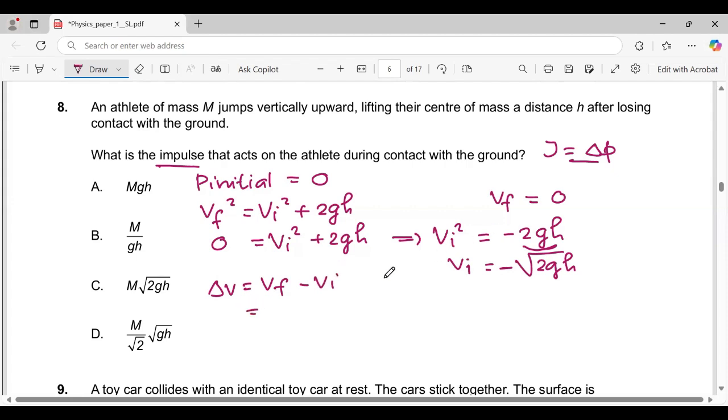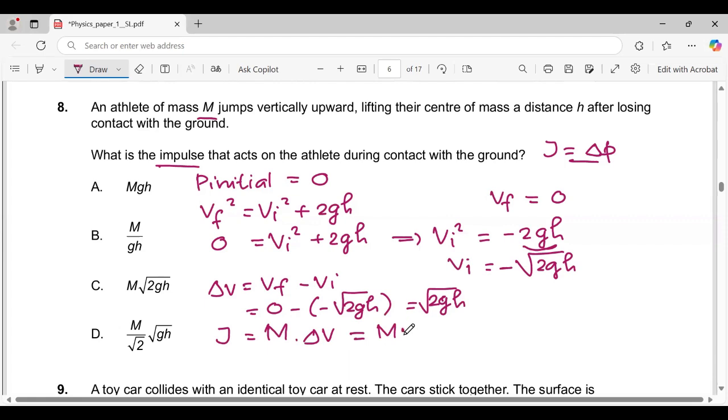The final velocity is 0, and the initial velocity is minus square root 2gh. So it becomes square root 2gh. And impulse equals mass times delta V, or m times square root of 2gh. So the solution is this.